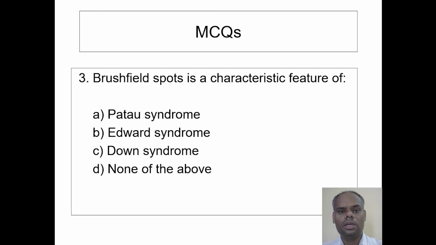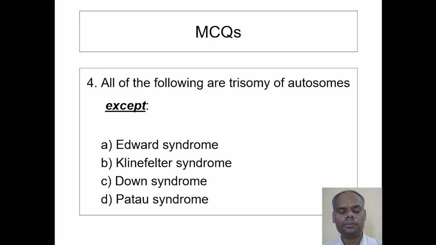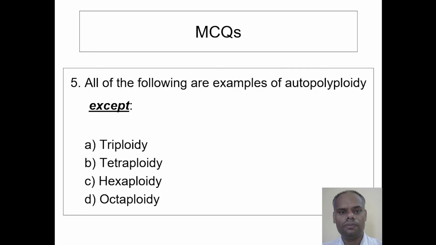Third question: Brushfield spot is a characteristic feature of Patau syndrome, Edwards syndrome, Down syndrome, or none of the above. Fourth question: all of the following are trisomy of autosomes except Edwards syndrome, Klinefelter syndrome, Down syndrome, Patau syndrome. Fifth, all of the following are examples of polyploidy except triploidy, tetraploidy, hexaploidy, and octoploidy.